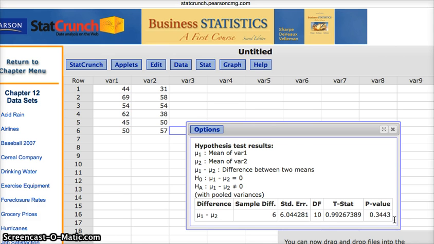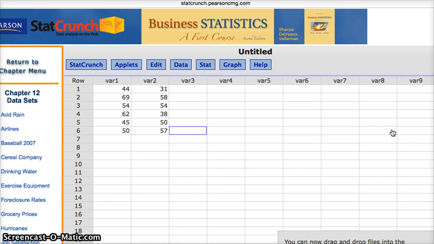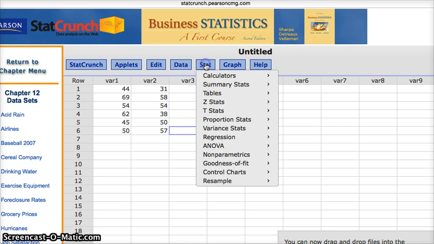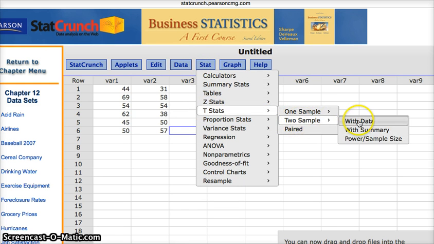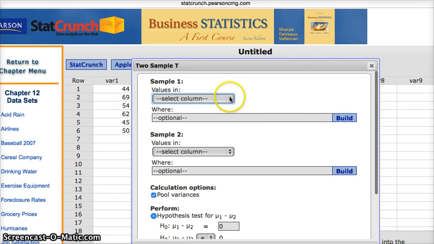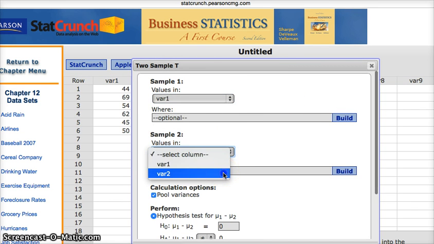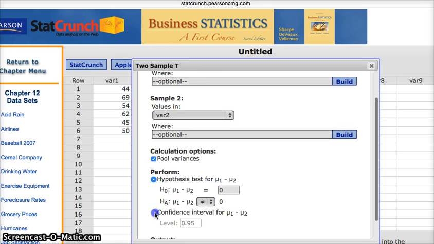Part B asks us to look at a 95% confidence interval. We can do that from here also. I'm just going to exit this part. We can go back to the same place, T Stats, 2 Sample with data. Again, we'll put variable 1 in sample 1 and variable 2 in sample 2, but this time we're going to do a confidence interval. Let's see what we come up with.